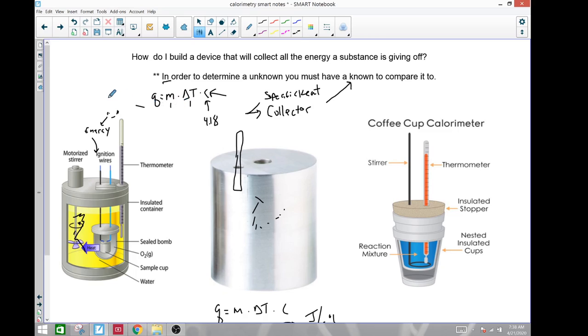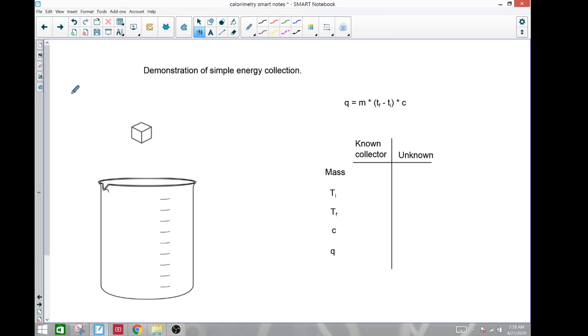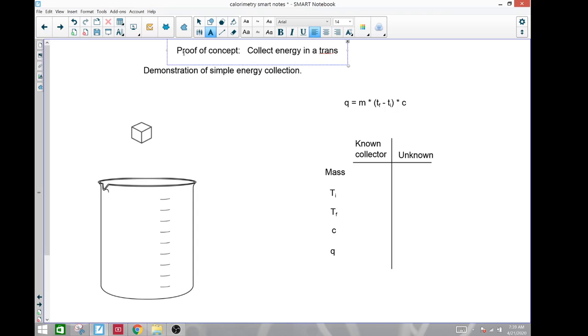But, okay, so a little bit about how we physically do it. All right, well, what about just a simple transfer of energy? Can we do this? A lot of times when we're doing a scientific experiment, we need sort of a proof of concept, like something works. Can I collect energy in a transfer?